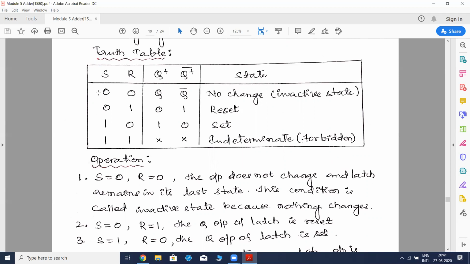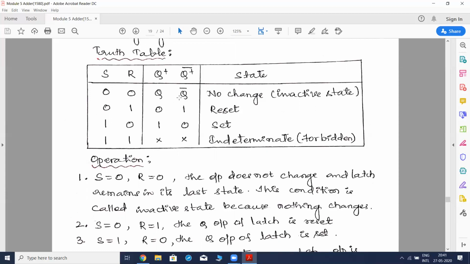So here in this case, the first row represents S and R both 0, 0, and Q plus, that is the present state, is going to represent Q, Q bar. That means there is no change, or it is called the inactive state. The state of the flip-flop, or the state of the latch, has not changed. So if Q was 0, now Q plus is also 0.